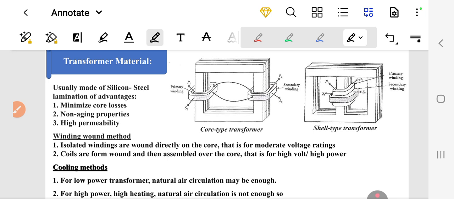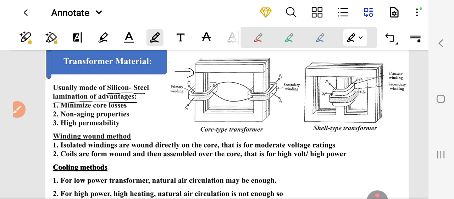For the transformer core material, the transformer core is made of silicon sheet laminations. These are sheets of silicon sheet steel.